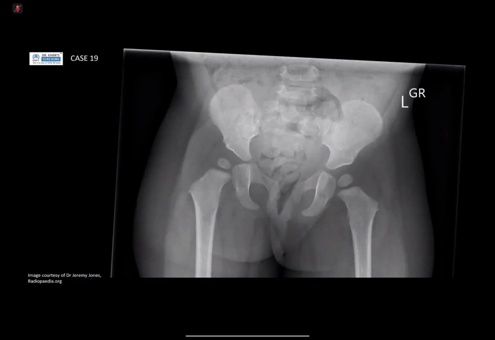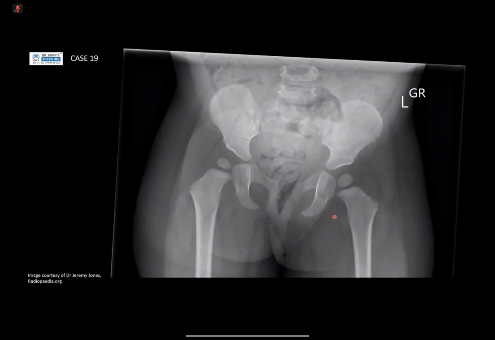The pelvic X-ray is a bit tilted, not well centralized. However, I will raise the suspicion of right-sided DDH. Yep, well done. Correct.